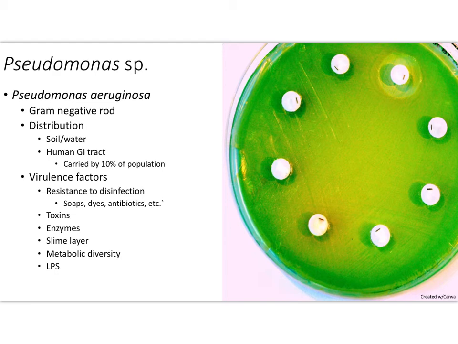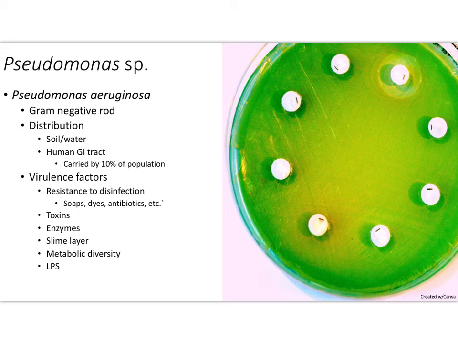Pseudomonas is just very metabolically diverse. It's very sturdy out in the environment, and it is very good at living in conditions that would kill most other bacteria. It produces a wide variety of toxins, a wide variety of enzymes. Both of these can do a bunch of damage to our tissues in various places in the body.